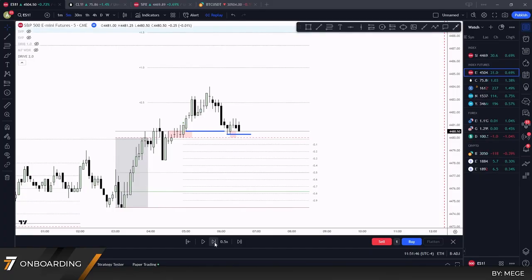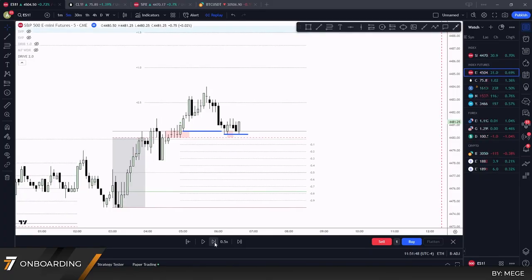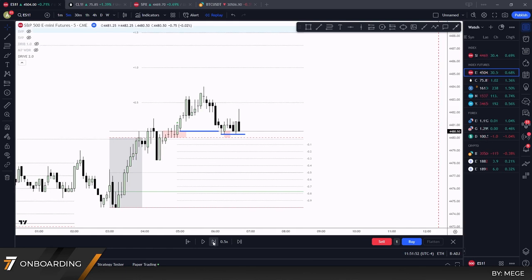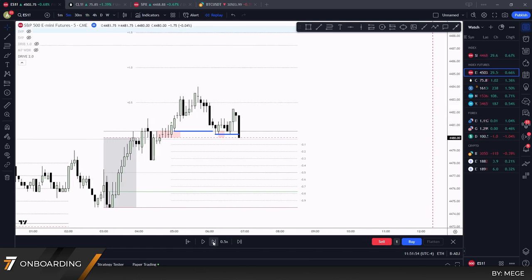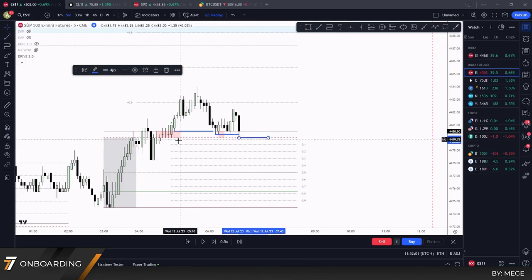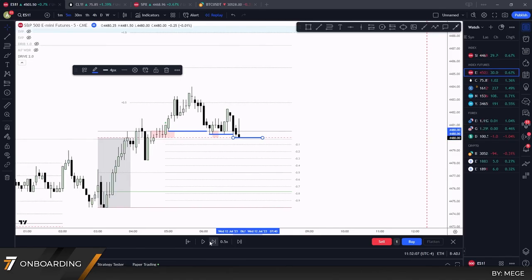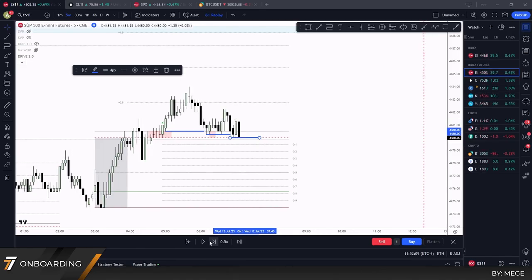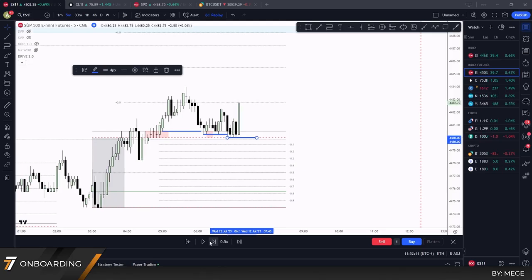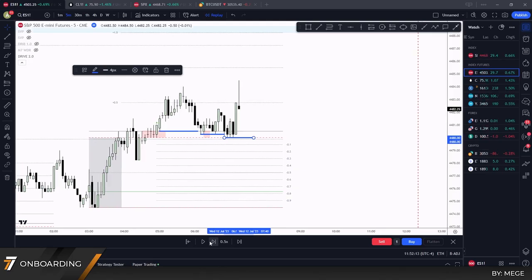People are following. Now this becomes the time maximum retracement, but it's still within the cluster, right? This is still within the area. And then price goes.